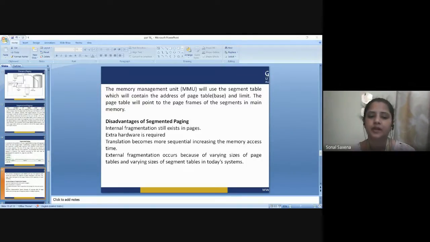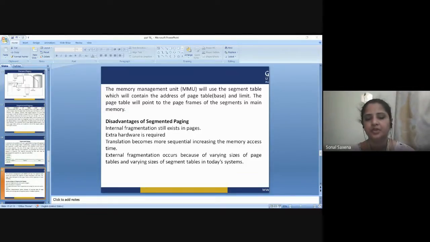The logical address is represented as the segment number or base address, the page number, and the page offset. The segment number points to the appropriate segment. The page number points to the exact page within the segment. And the page offset is used as an offset within the page frame.